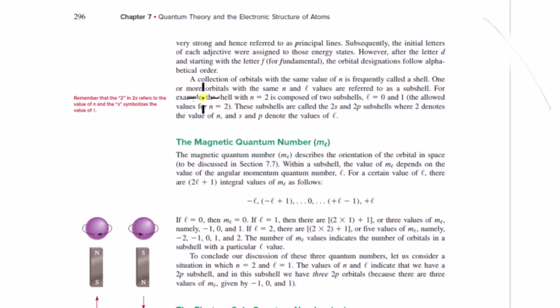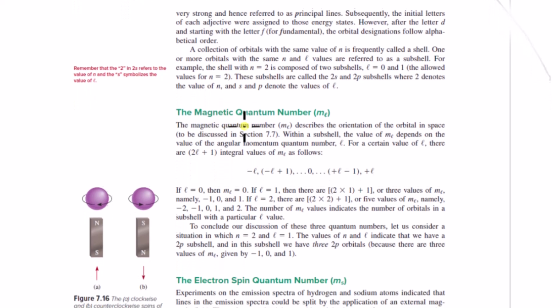A collection of orbitals is called a shell because n can have multiple different l values. So a collection of orbitals with the same n is called a shell. One or more orbitals with the same n and l values are referred to as a subshell. So like the 2s subshell or the 3p subshell, for example.